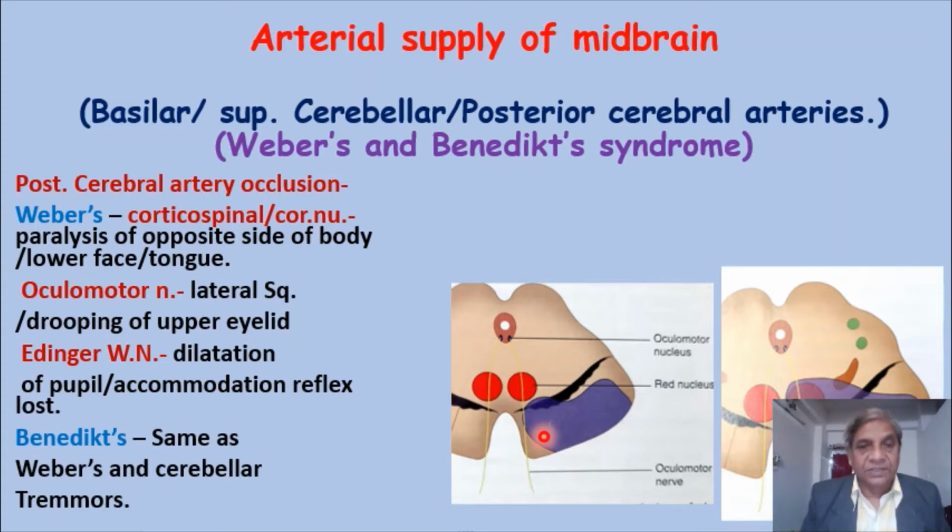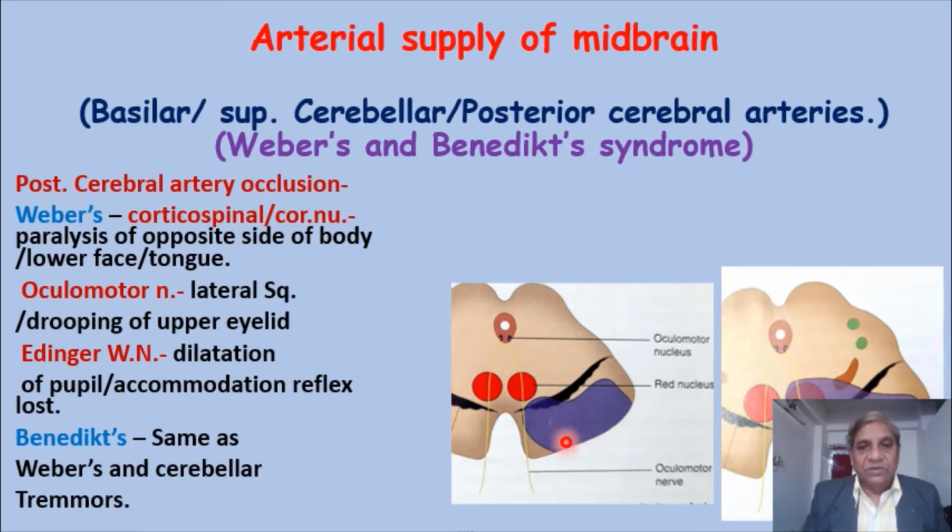So corticospinal means from the precentral gyrus area number 4, these fibers are going to the various levels of the spinal cord, supplying the skeletal muscle. So these are the corticospinal fibers. Then corticonuclear fibers are going from the motor area to the various motor nuclei of the cranial nerves. That's why it is called corticonuclear.